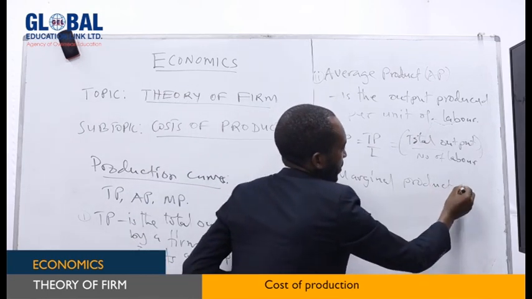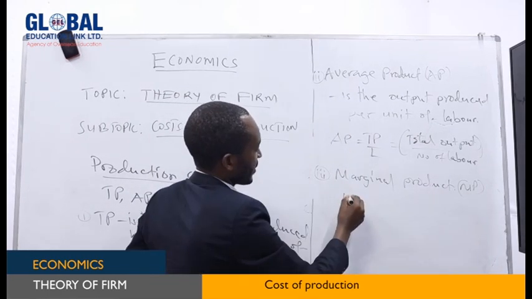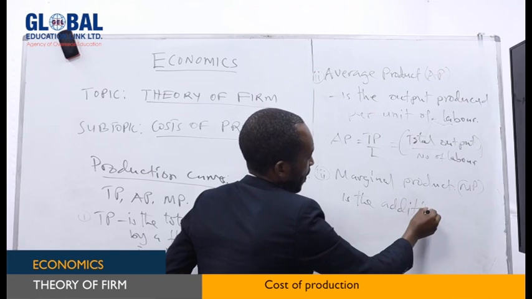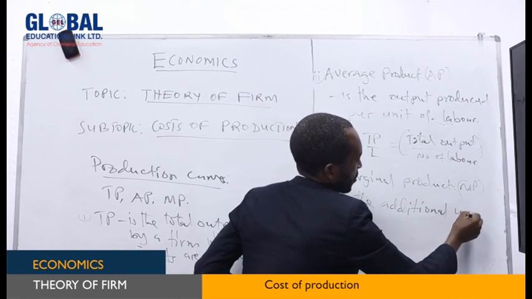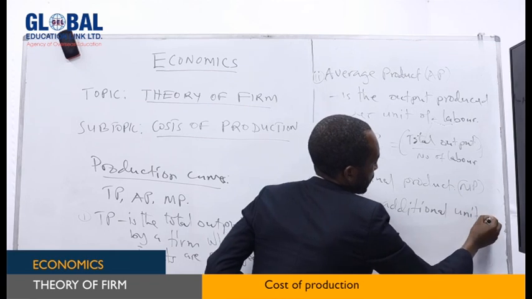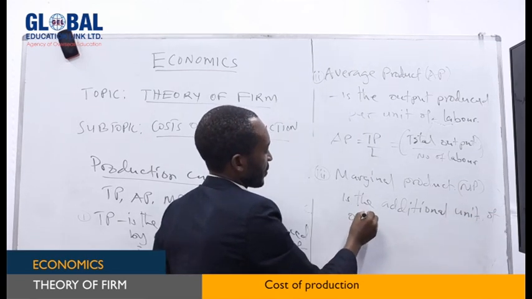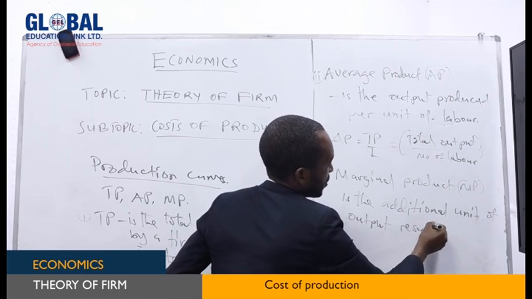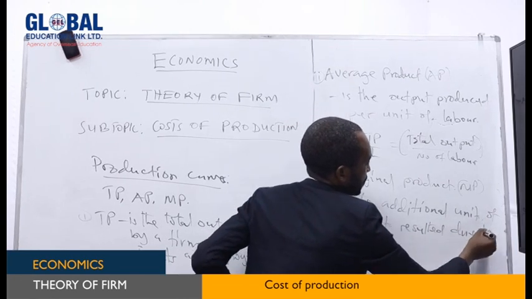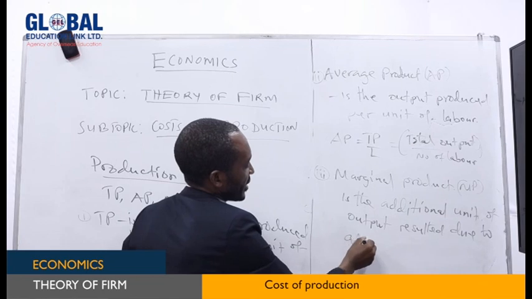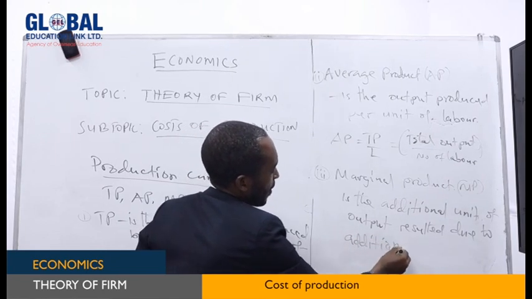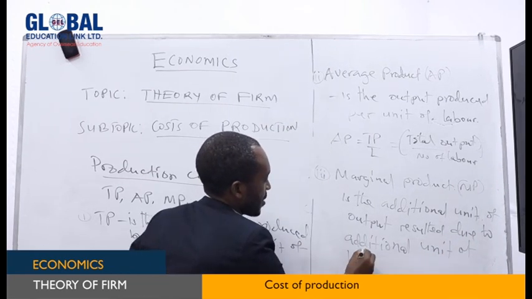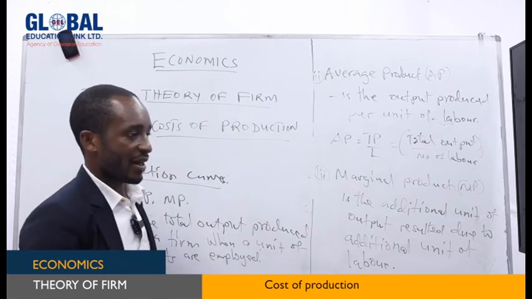So marginal product, or MP, is the additional unit of output resulting due to additional unit of labor.